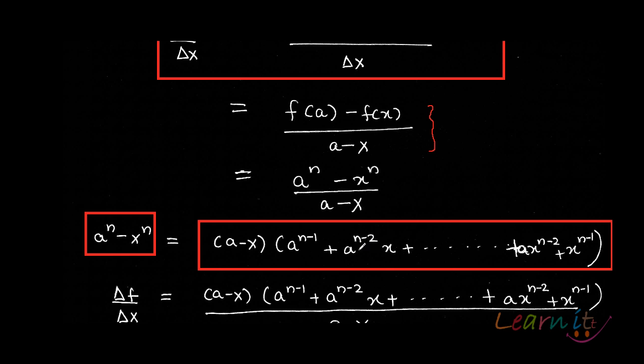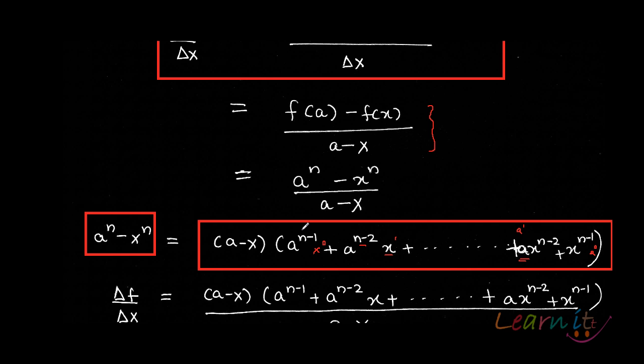The power of a decreases and the power of x increases. Here you had x to the power 0, here you have x to the power 1, and so on and so forth. The power of a is decreasing, so it becomes a to the power 1 here, and the power of x is increasing, so this becomes x to the power n minus 2, plus x to the power n minus 1 into a to the power 0.